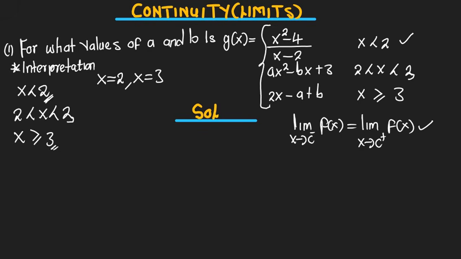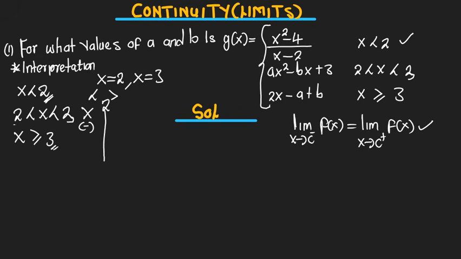Now, if this is your 2, then they say x must be less than 2. It implies that your x is this side. So x less than 2 is this side where it's negative, right?